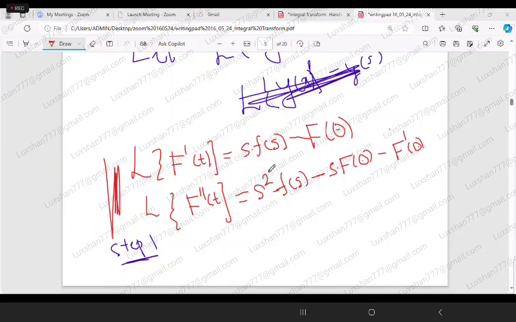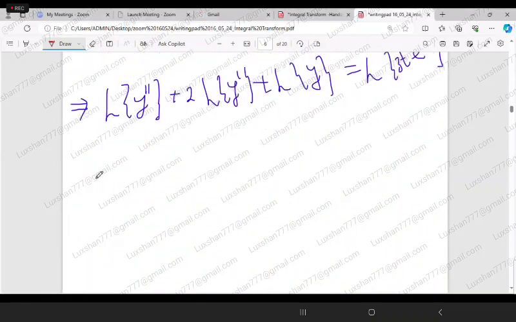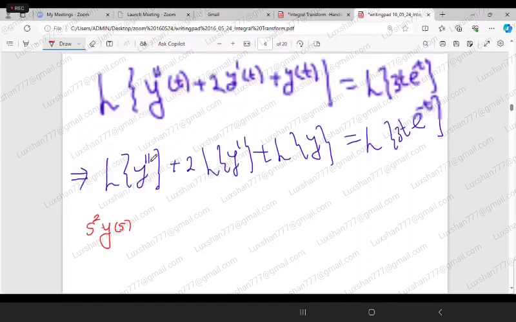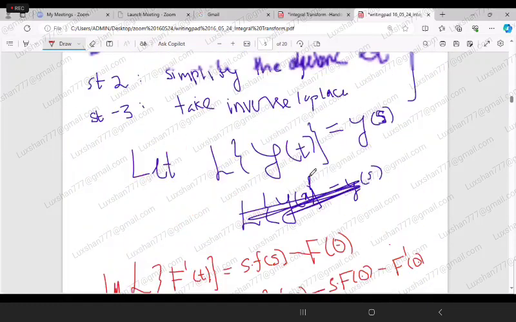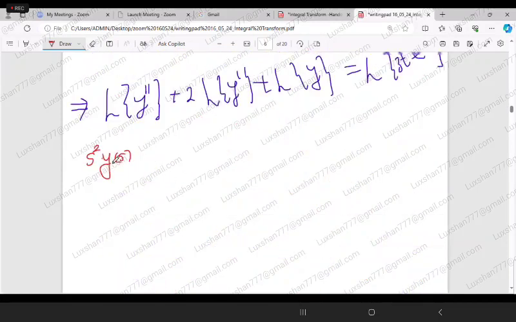No, it's correct. So using the same thing, here I have the second derivative. Since I have the second derivative, I can write this as s squared into Y(s), because I have taken the Laplace transform of y(t) as Y(s). Sorry, I must put capital, otherwise you will get confused.